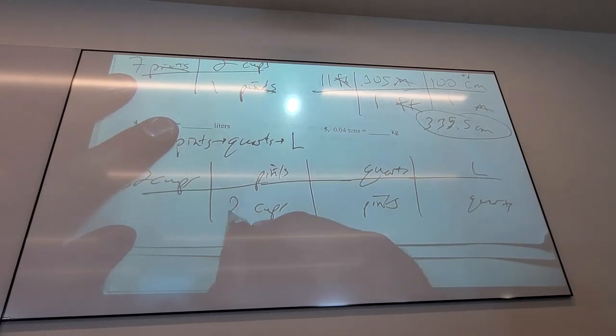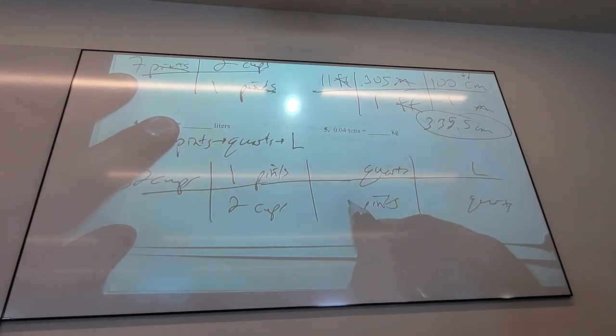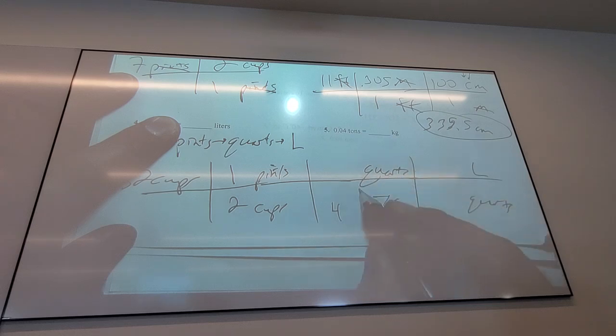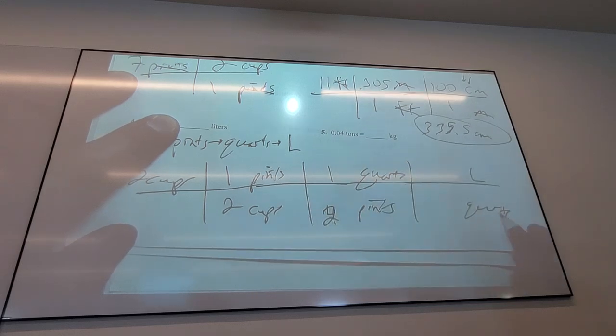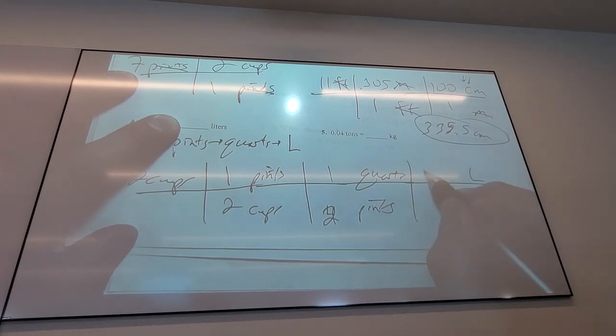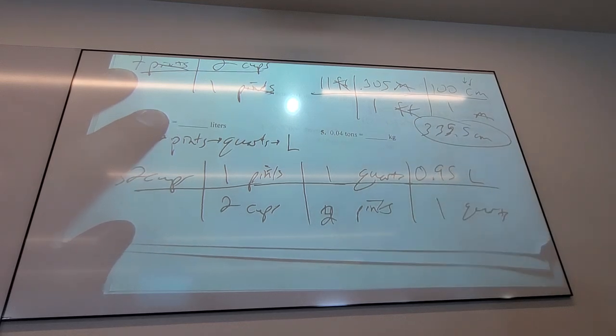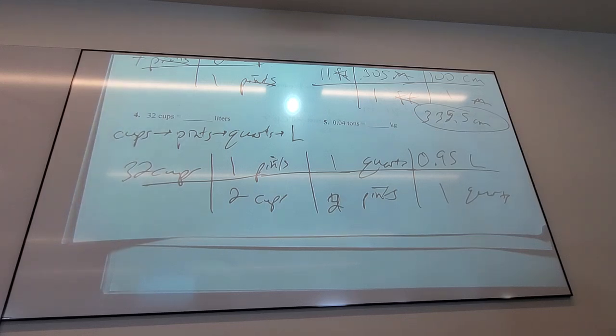So 2 cups in a pint, 2 pints in a quart, and then I could do either thing I want to, and since I don't like to divide as much as multiply, I'm gonna do 1 quart is 0.95 liters. You have a choice on that one, yes?